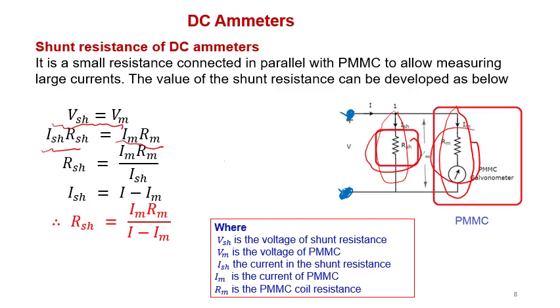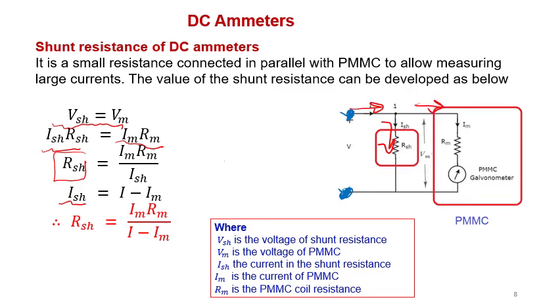Let us rearrange the equation to calculate R shunt. We will find that R shunt equals Im Rm over I shunt, where I shunt itself is equal to I minus Im. Remember, this is I shunt, to understand what's happening. This is I, and this is Im.